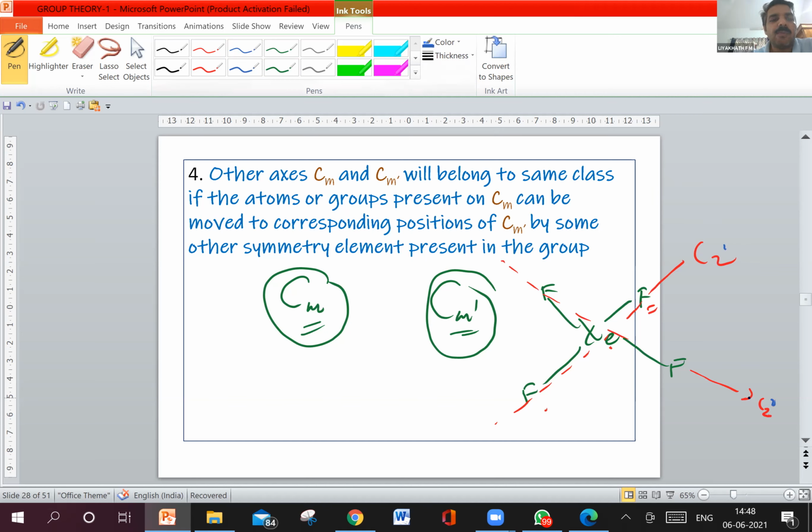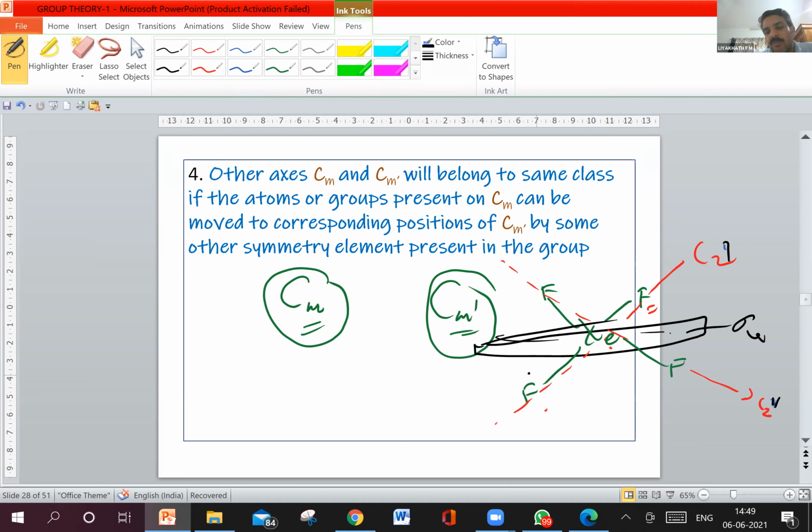So by another symmetry operation, for example, by a sigma v plane here passing through these two fluorine atoms, the elements in this C2 dash are transferred to the C2 double dash position.